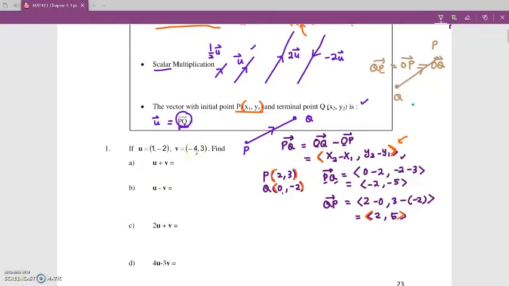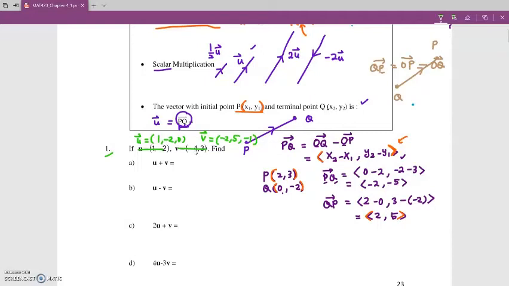We continue with exercise number 1. I'm going to change this to a 3-dimensional vector. U is (1, -2, 0), and then we have V, (-2, 5, -1). It's the same as the 2-dimensional case, but I just want to use 3-dimensional.